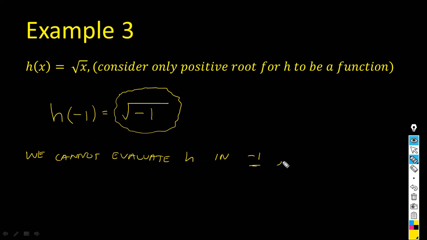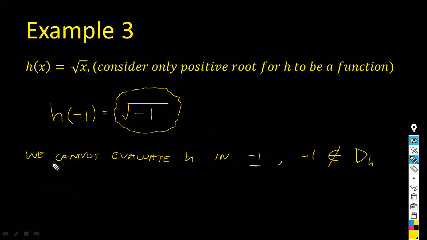So what we write mathematically is this. Minus 1 does not belong to the domain of h because we cannot evaluate the function h in minus 1. Or another way to say this is because the function h is not defined in this number. Because we are trying to calculate the square root of a negative number which doesn't have an answer in the real numbers.